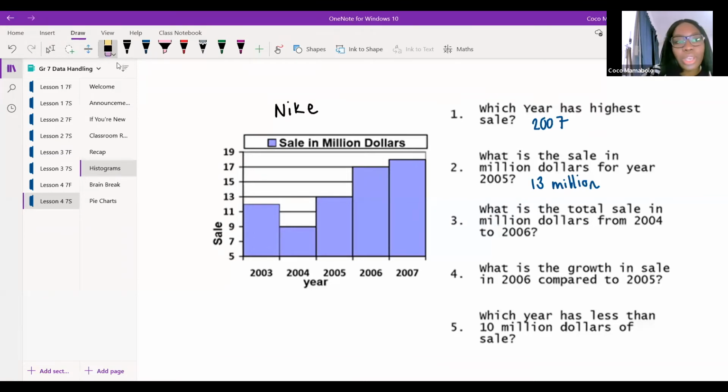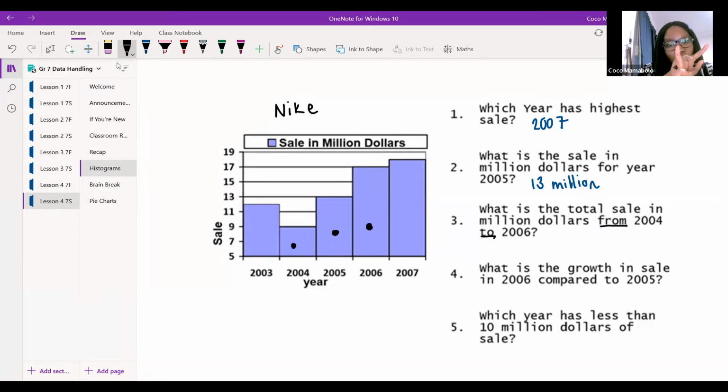All right, Buhle, what is the total sale in $1 million from 2004 to 2006? What do we need to do here? You add the data of 2004 and 2006 together. Wait, I think you missed one. 2004, 5, and 6 together. You need to add all three of them because my question says from 2004 to 2006.